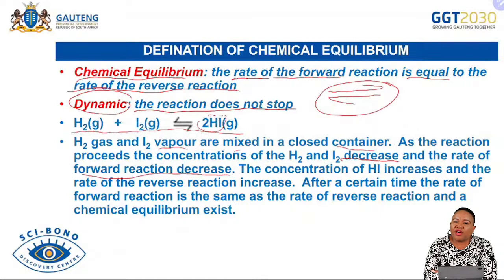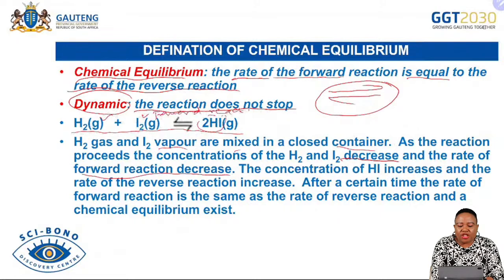Remember, there are two reactions occurring at the same rate. Therefore, if you look at hydrogen and iodine, these two, we can say they are the reactants of the forward reaction. They are the forward reactants. And then HI is going to be our forward product.